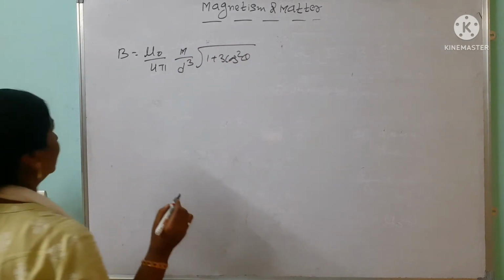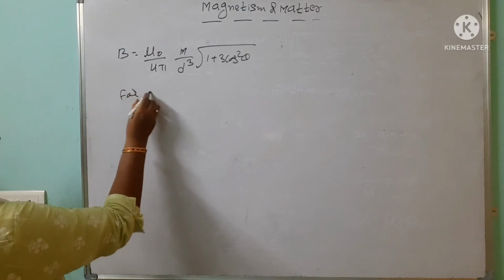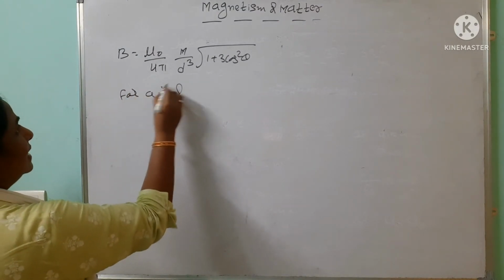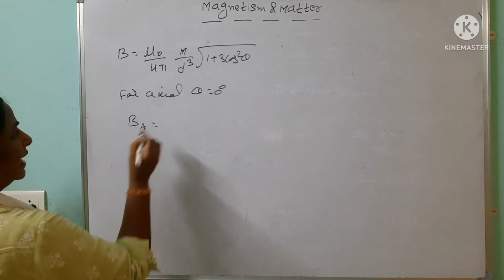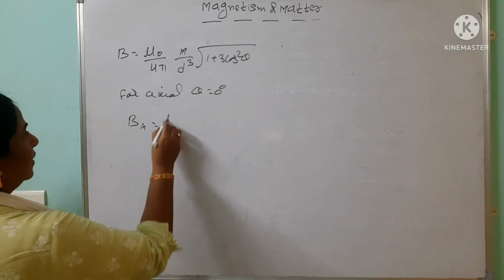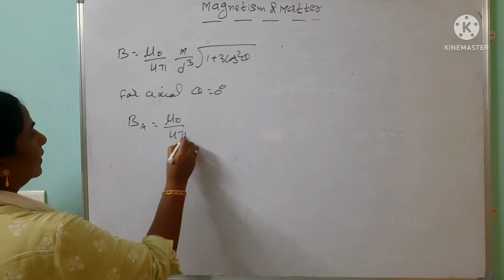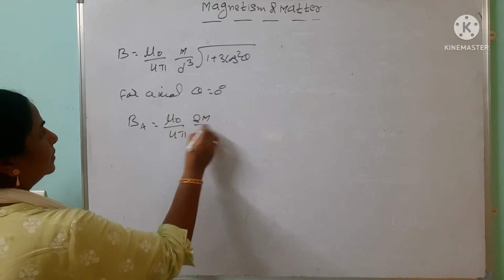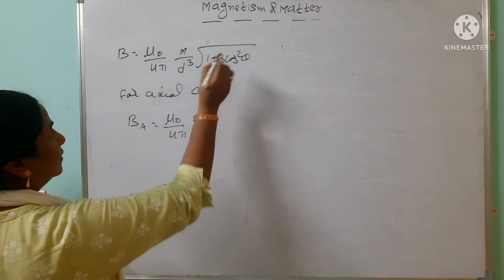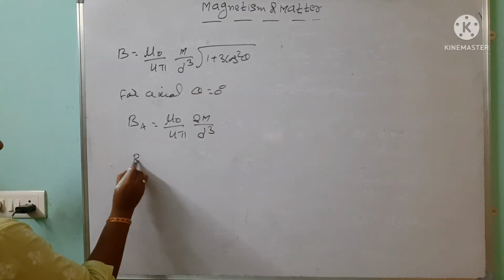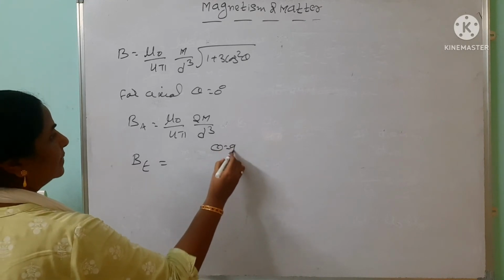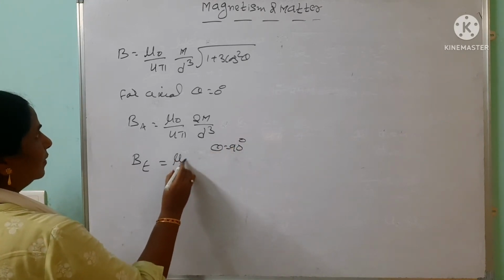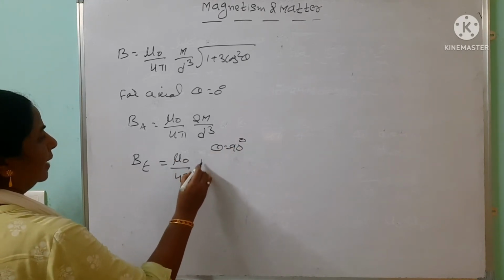See, for the axial line theta equals 0 degrees. So the magnetic induction on the axial line is how much? Mu naught by 4 pi 2m by d cube. Why? This is 3 plus 1, 4, and under root 4 is 2. Like that, for the equatorial line theta equals 90 degrees, you simply get mu naught by 4 pi m by d cube.